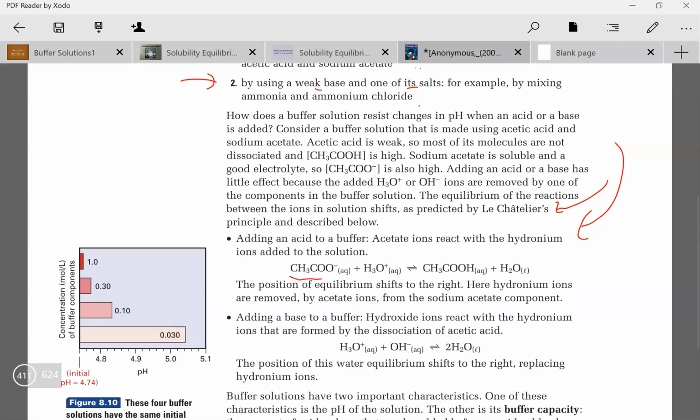We're considering that acetate ions are present in solution, and acetic acid is also present in solution. When I have a buffer solution, I have both present. You'll notice that this equilibrium is kind of weird because it's written the other way around. Usually you would write the equilibrium the other way.